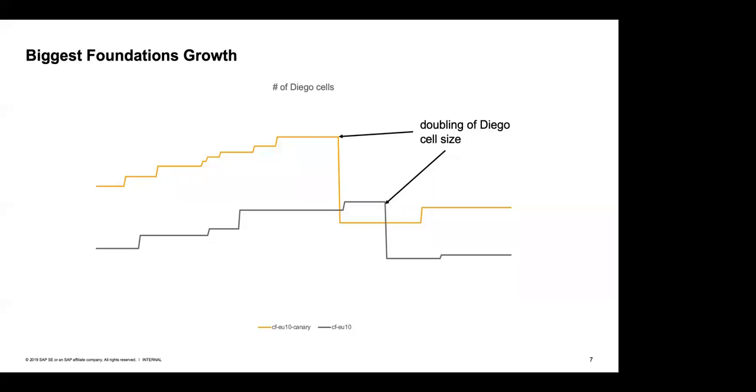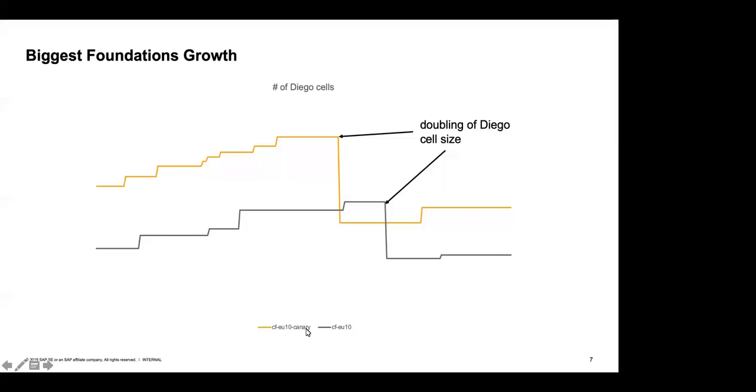So thinking through what we could do to reduce the number of Diego cells, and this is something that I believe many people coming into those scaling limits are also thinking about: can't we just have bigger Diego cells so that each Diego cell can actually host more applications, and therefore we can again reduce the number of Diego cells?